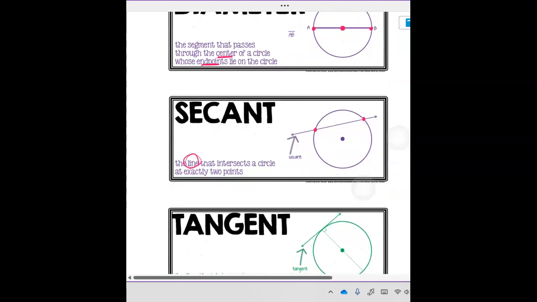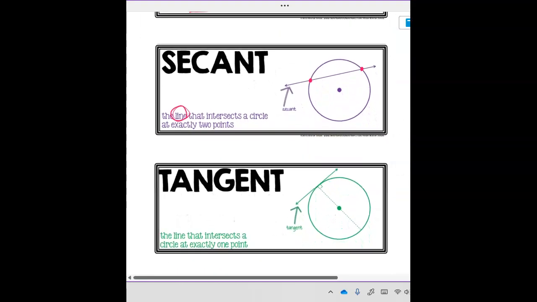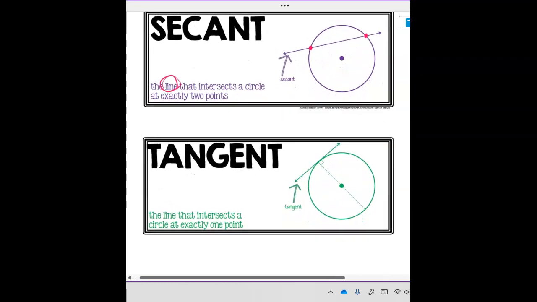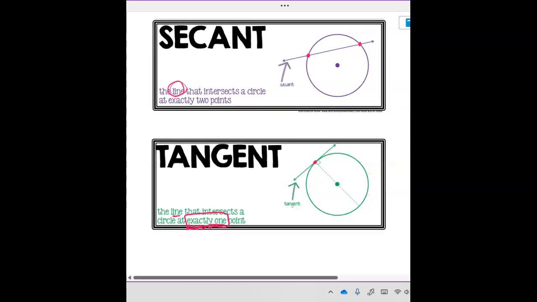It's important that a secant has 2 points of intersection, because if it only has 1 point, it's what we call a tangent. A tangent is going to be a line that intersects a circle at exactly, and that's very important, exactly 1 point. Here we have a tangent, and it's going to touch the circle just at that 1 point right there.